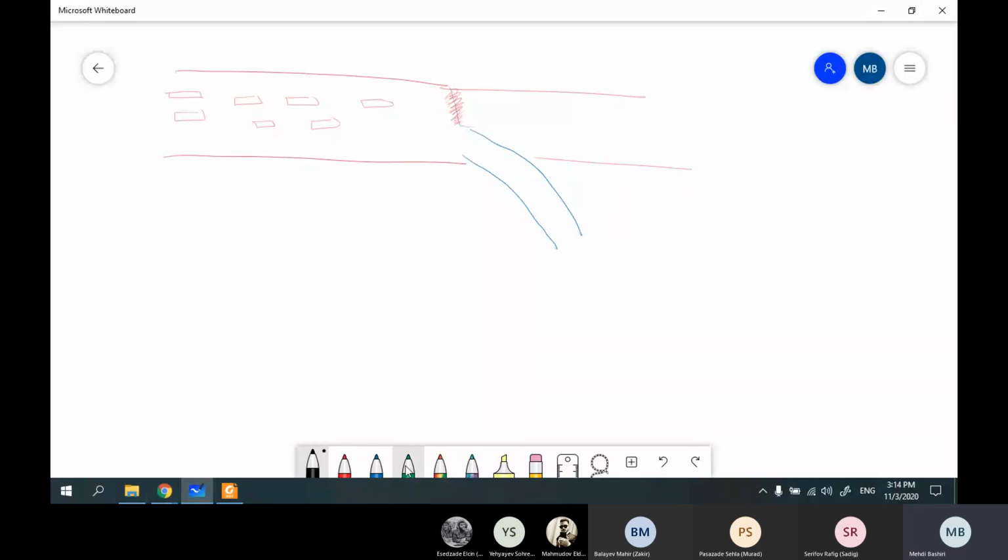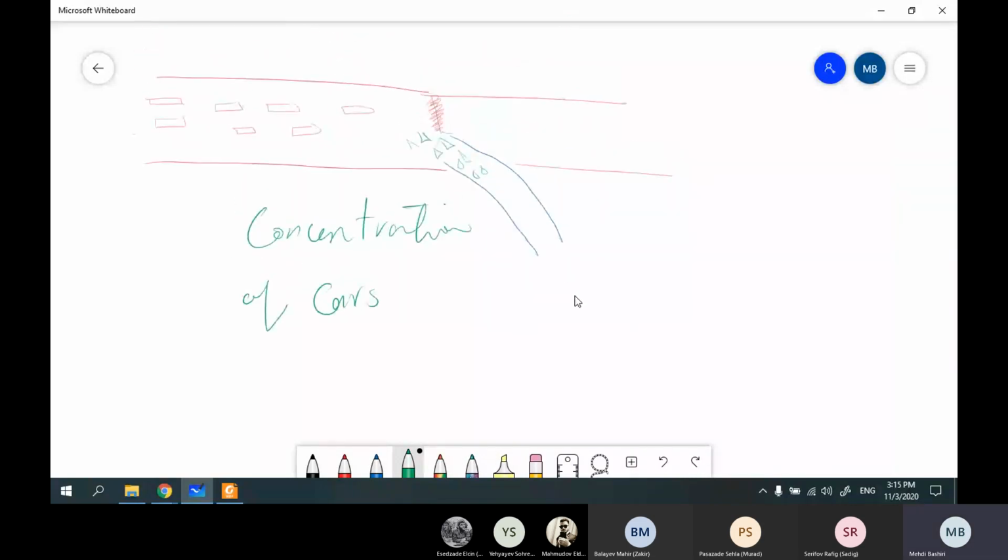What's gonna happen? Do you have any idea? You'll have traffic here. Am I right? Because there are lots of cars here. So you'll have a concentration of cars in here. Why? Because the size of these roads are not the same.